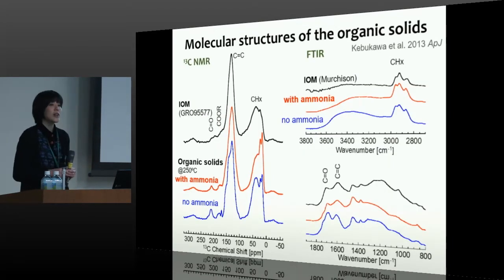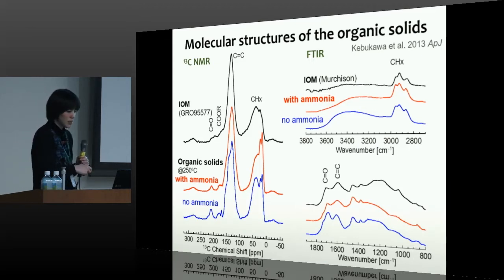Then looking at the molecular structure of the organic solids, there are carbon-13 NMR and FTIR spectra. The black spectrum shows IOM, and the red one and the blue one are experimental products, organic solid with and without ammonia. Generally, they are very similar to the IOM spectra.